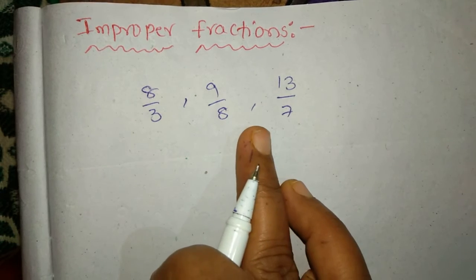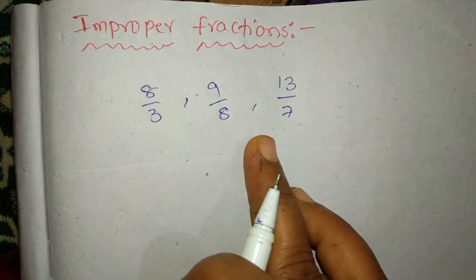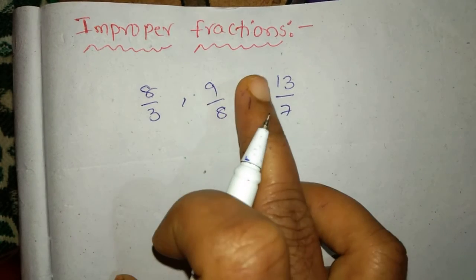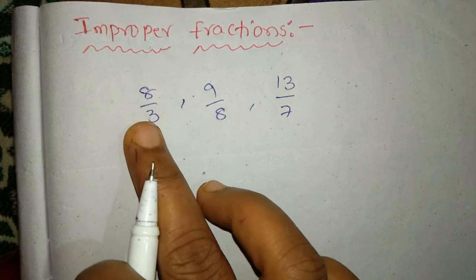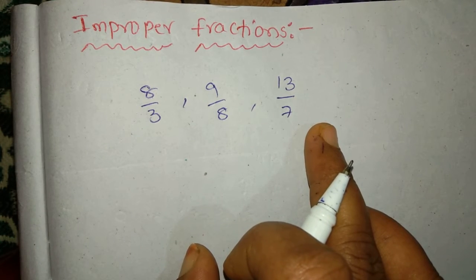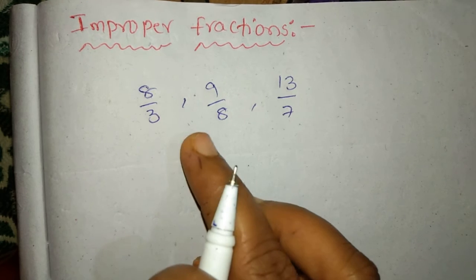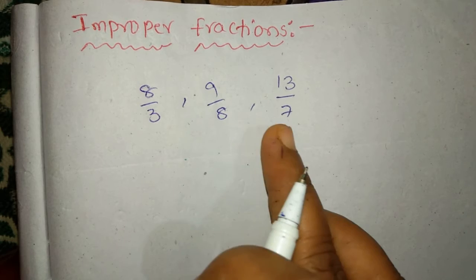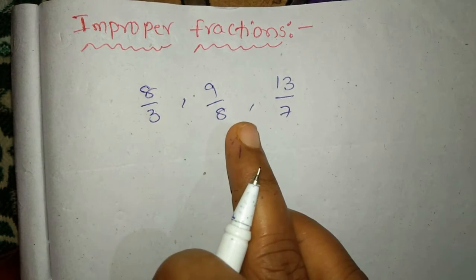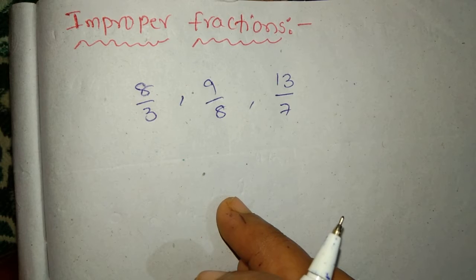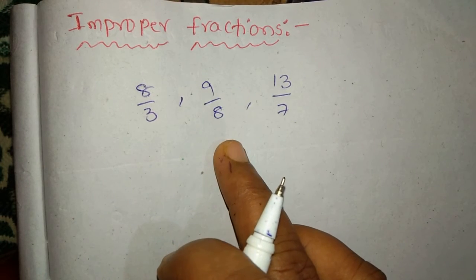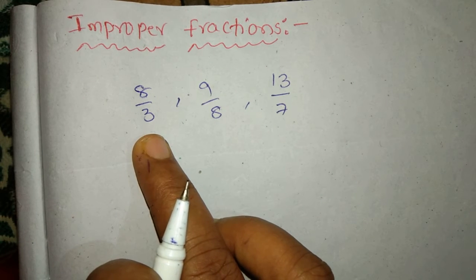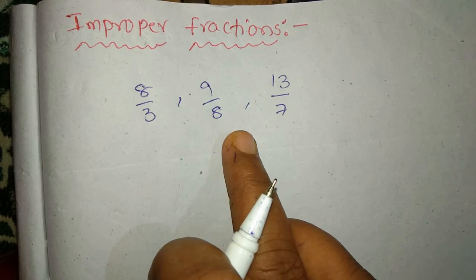If you observe, in all these fractions the numerator is greater than the denominator. So, the fractions in which the numerator is greater than the denominator are called improper fractions.